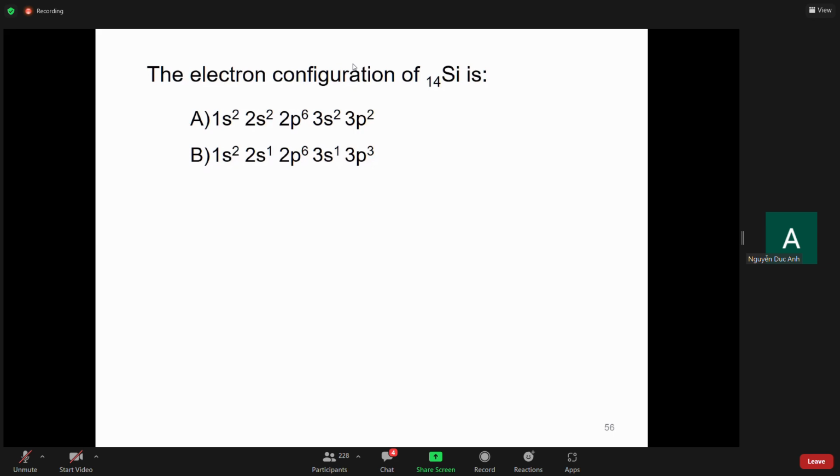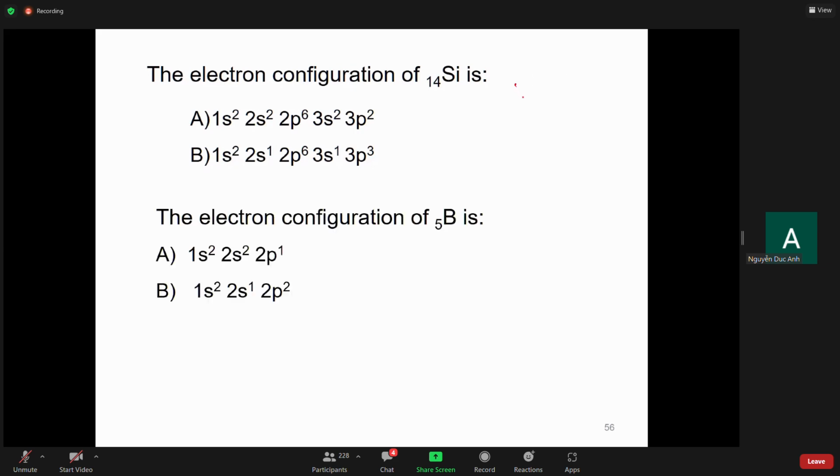As Mr. Hainam said, it's not for all elements. For example, it works with 3d9 4s2, which becomes 3d10 4s1, and 3d4 4s2, which becomes 3d5 4s1.